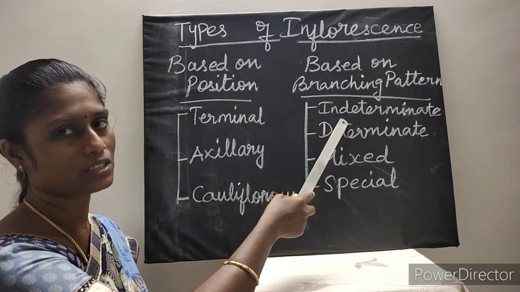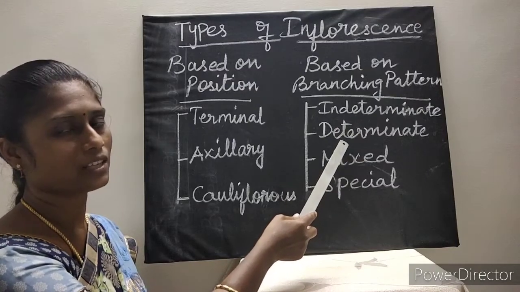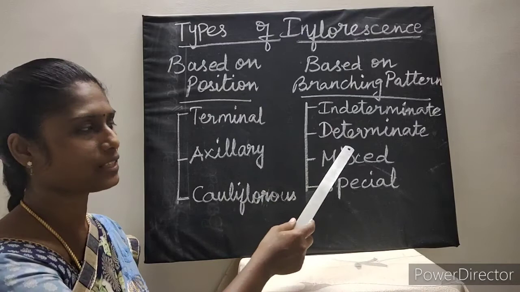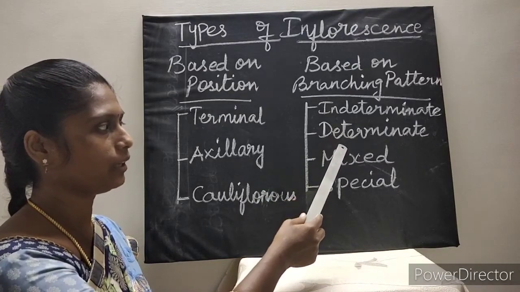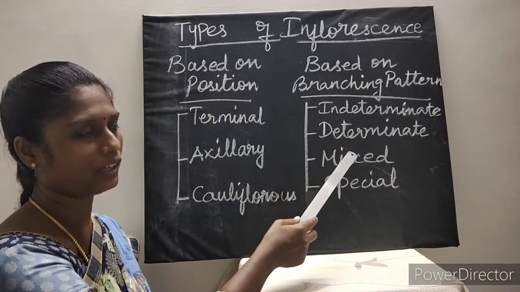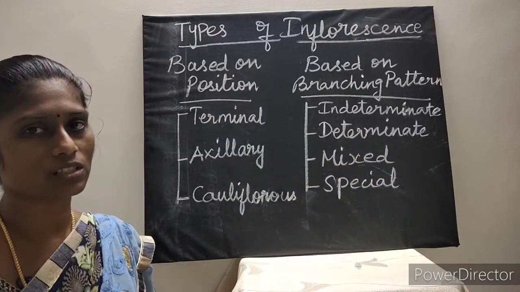Indeterminate is otherwise known as racemose or raceme. Determinate is otherwise known as cymose or cyme. Mixed is the combination of both indeterminate and determinate. And the last one is special inflorescence.